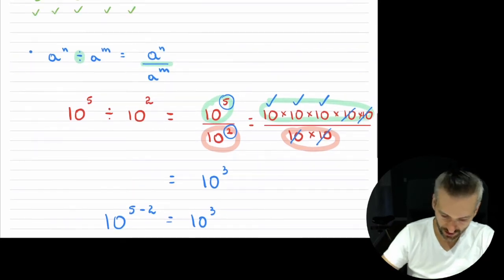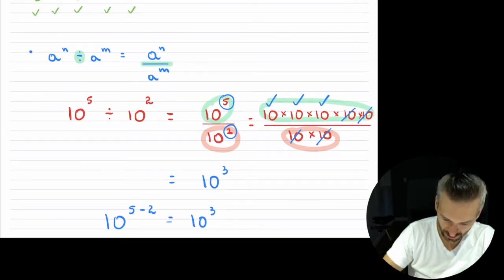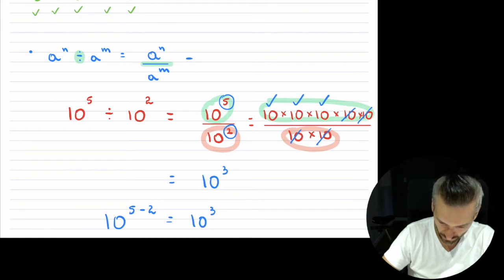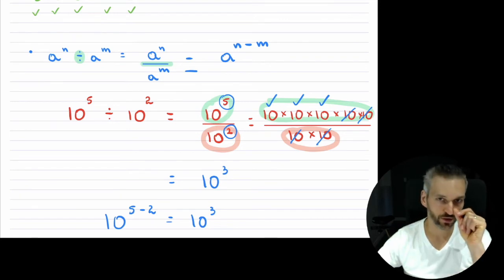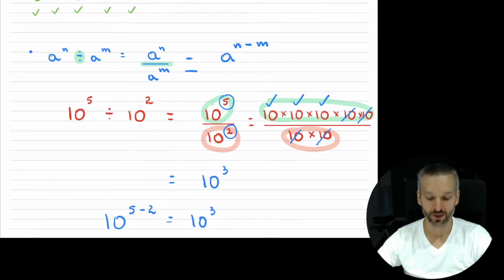So this law right here tells us that we have a to the n minus m. And that's what that particular law states. All right, so that's what we have there.